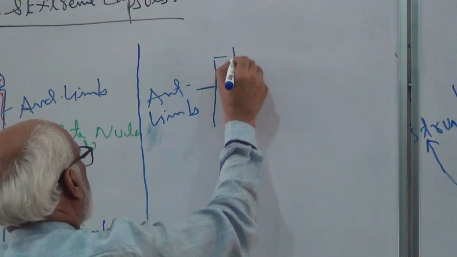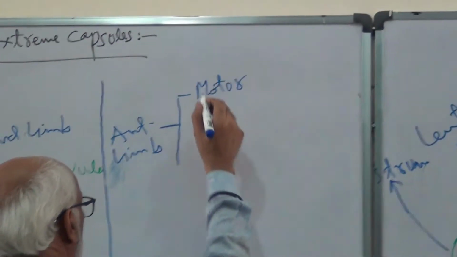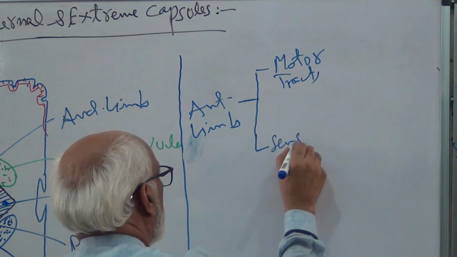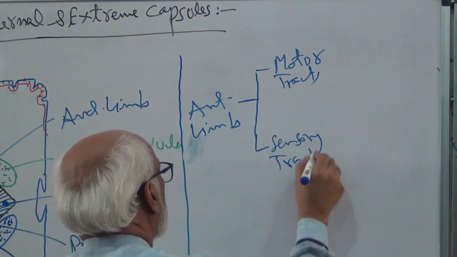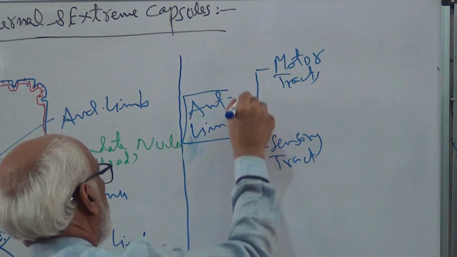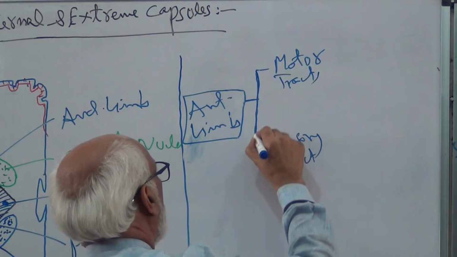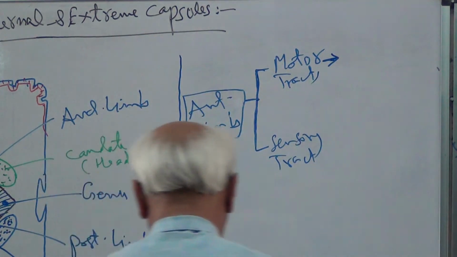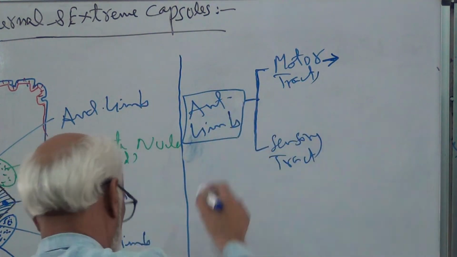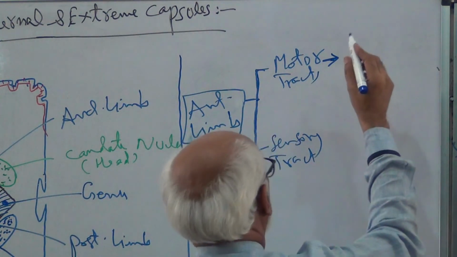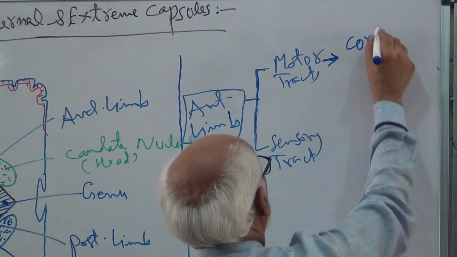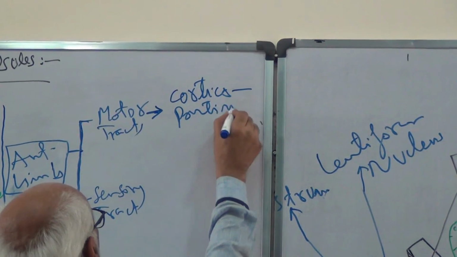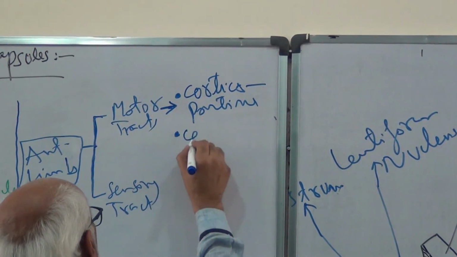Motor fibers and sensory fibers. The motor tracts passing through the anterior limb of the internal capsule are cortico-pontine and corticostriate fibers.